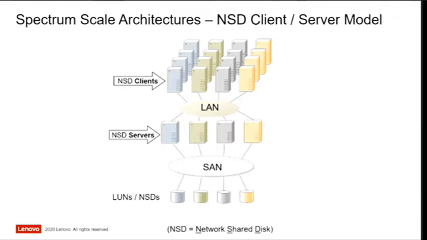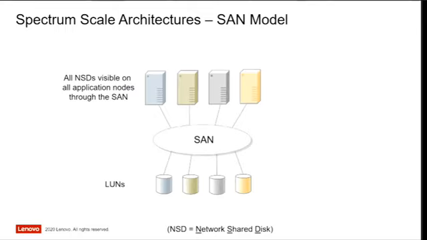But the people here old enough will remember that there was a time when we had the Spectrum Scale SAN model in more active use, where you had a Fibre Channel SAN, all of the storage was on the Fibre Channel SAN, and all of the GPFS nodes were also on the Fibre Channel SAN. You did not need NSD servers because all the GPFS nodes had direct visibility to all the NSDs.